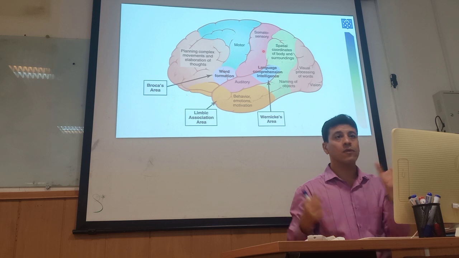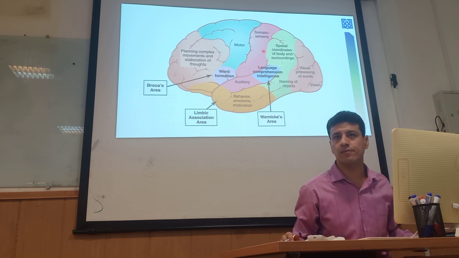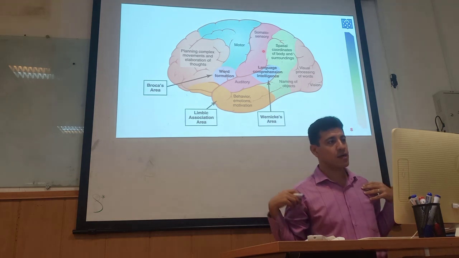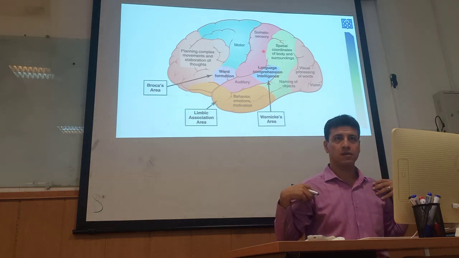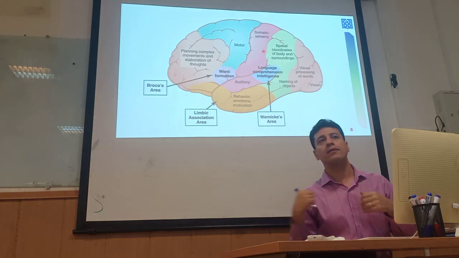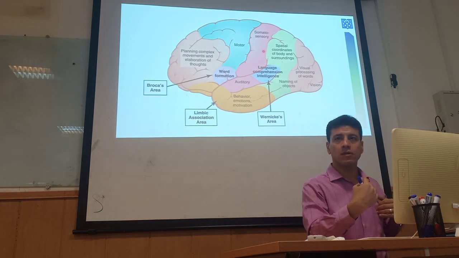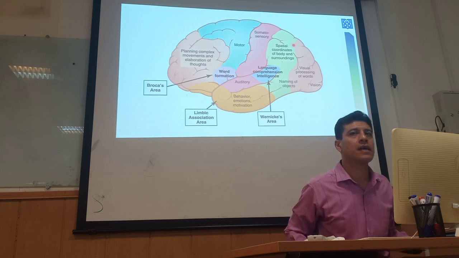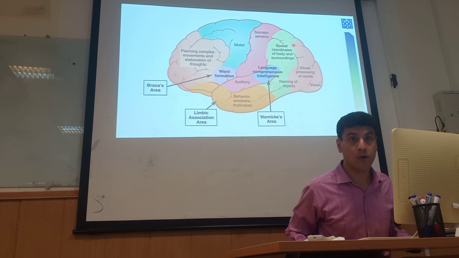This is spatial coordinates. And you know this also for yourself: this is my right side, this is my left side, here is up, down, back, front. This awareness happens here in the parieto-occipitotemporal cortex.